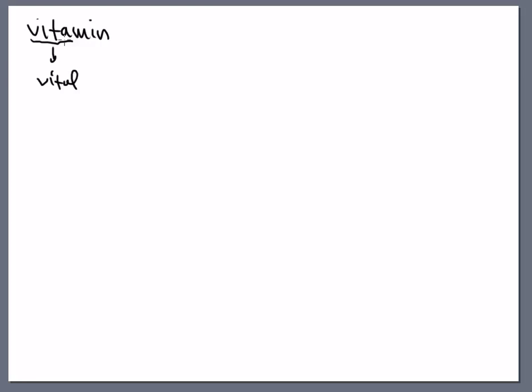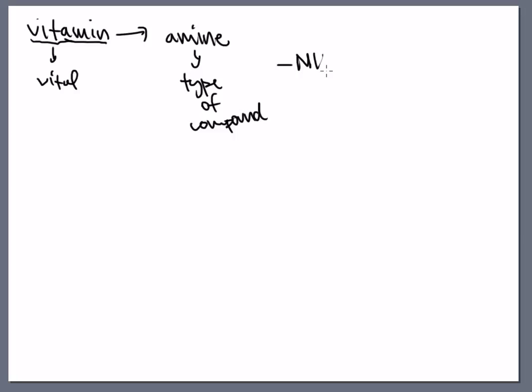And the amin, A-M-I-N, is representing amine. And an amine is a type of compound. This type of compound is referenced in organic chemistry. And an amine is anything with an NH2 group that's hanging off of the chemical structure.